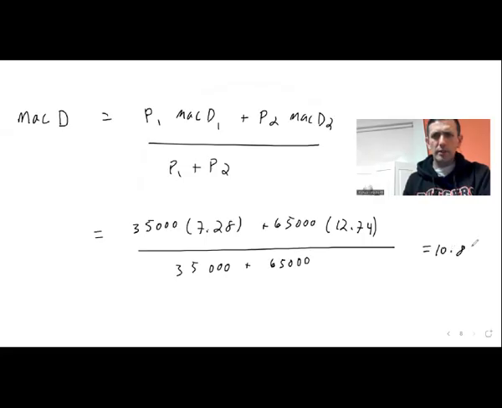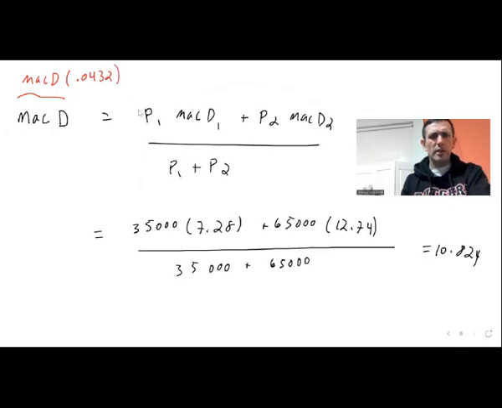It's 10.824, a nice looking number. To be clear, I'm going to use this in a second. This is the MACD at my interest rate of 4.32%, so 0.0432. That's the interest rate we were given in this problem.